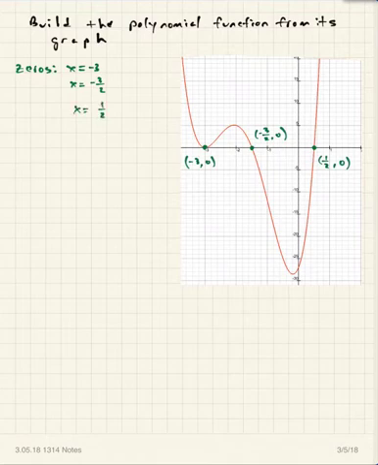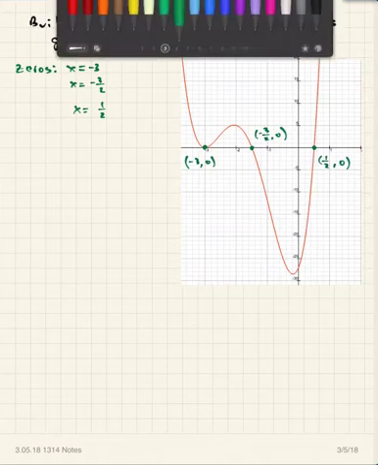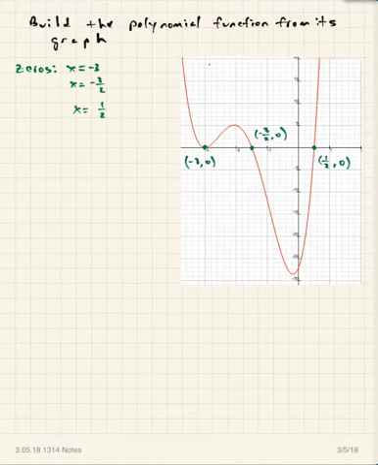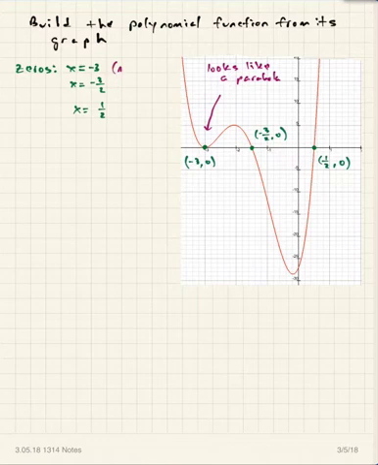In addition, the 0 at -3 in particular looks like a parabola, right? Right in there. And because it looks like a parabola at that 0, that means at -3 you have a 0 of multiplicity 2.